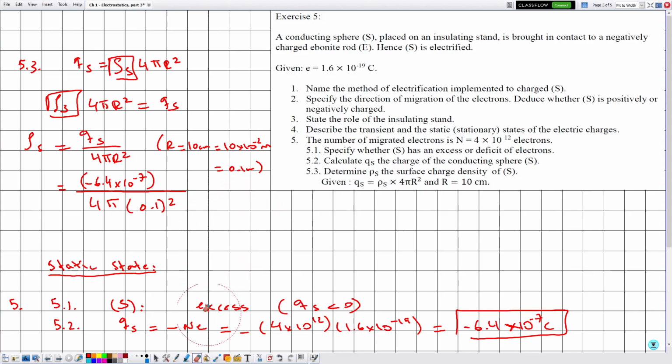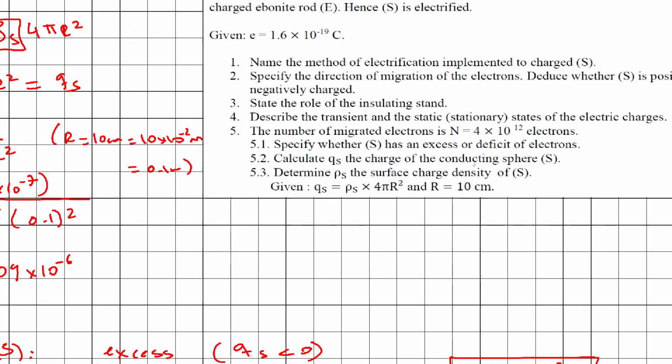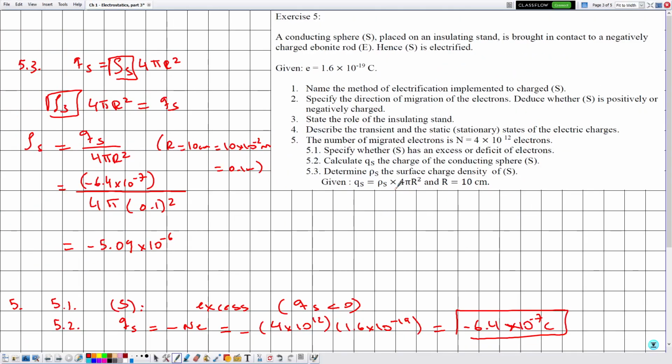Now plugging this fractional expression as it is on the calculator, the value of rho s is going to be minus 5.09 times 10 to the power minus 6. Now since we know nothing about this, it's enough to say that the unit of rho s is given by the International System.